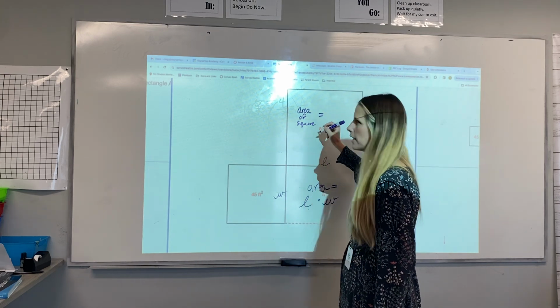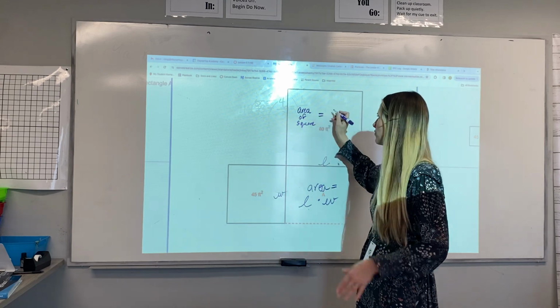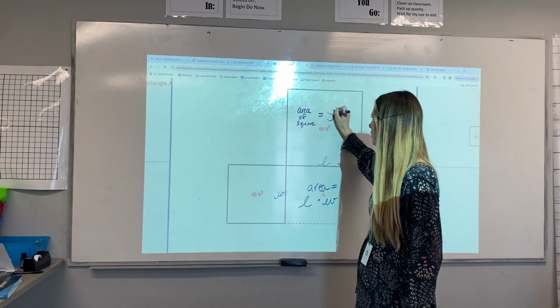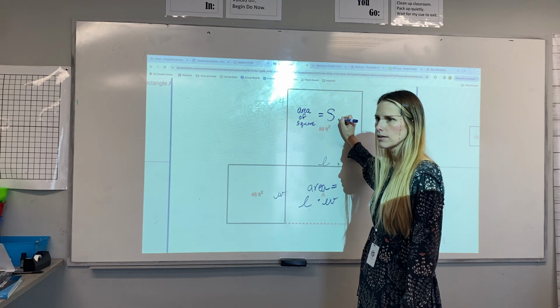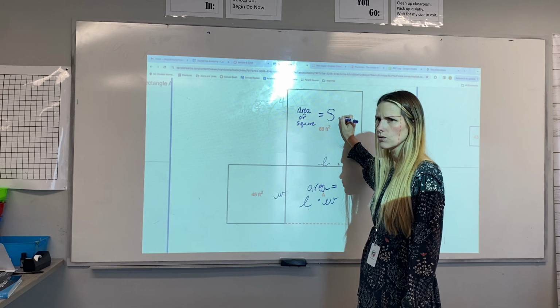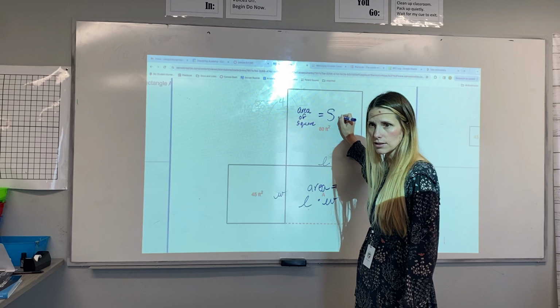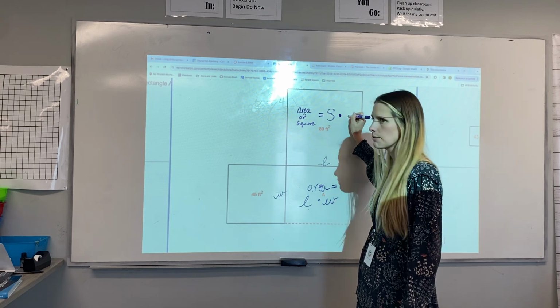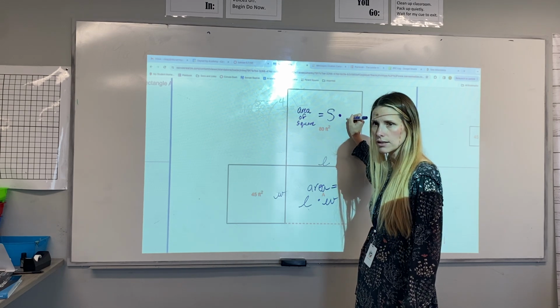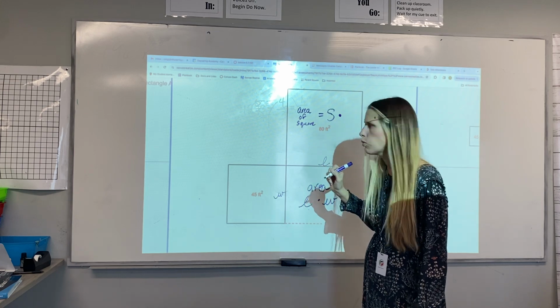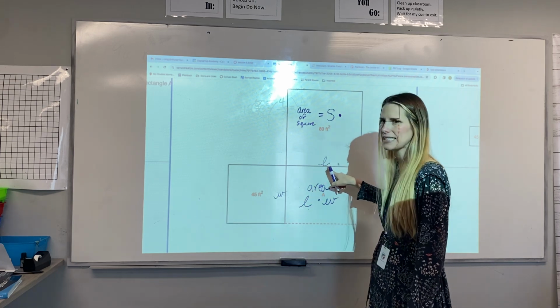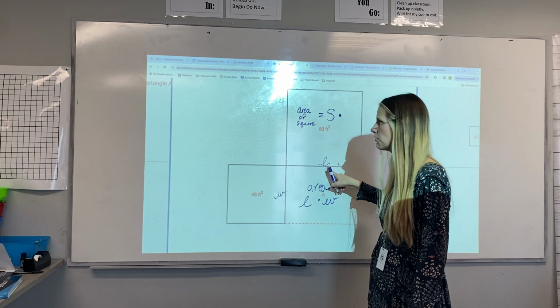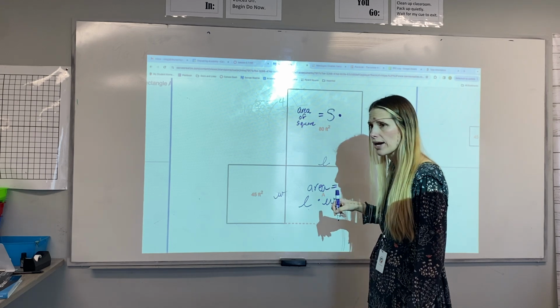So what's the area of a square? Side times what? What would I multiply a side times to find the area of a square?